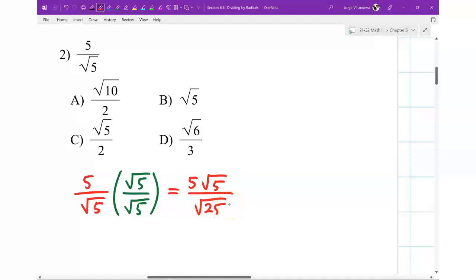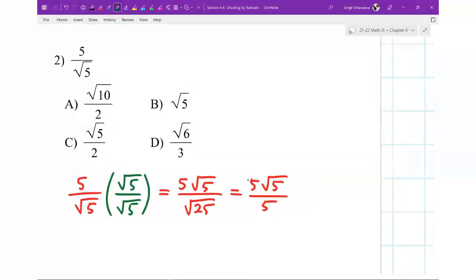Well, we know the square root of 25, that's 5. And notice I can actually cancel 5 over 5, right? These will go away. So my answer is just square root of 5.